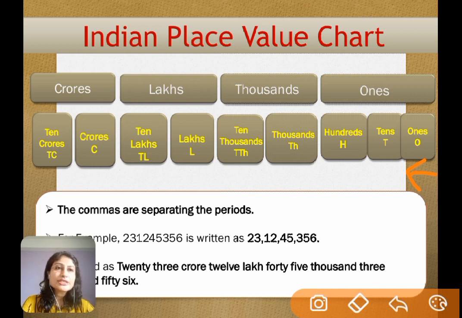Here 4 periods are given: ones, thousands, lakhs and crores. And whenever you write number, you have to separate these periods using comma.